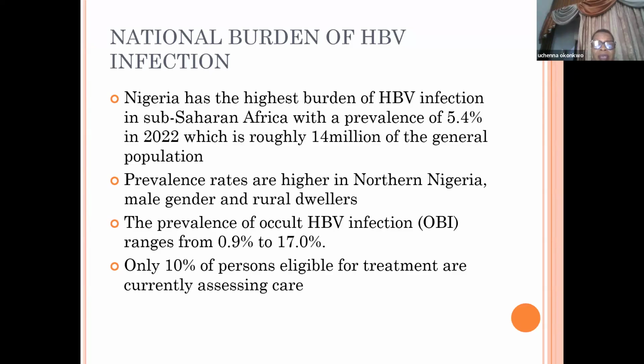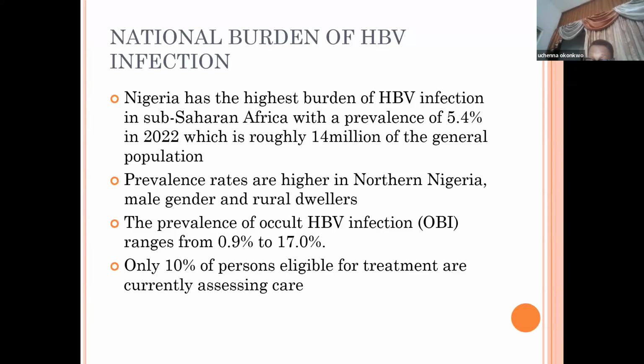There is a kind of inequality in the distribution of this virus in terms of regional affectation, gender, and residential area. Persons in northern Nigeria have more of this virus compared to persons in the southern part of the country. The male gender is more disproportionately affected.